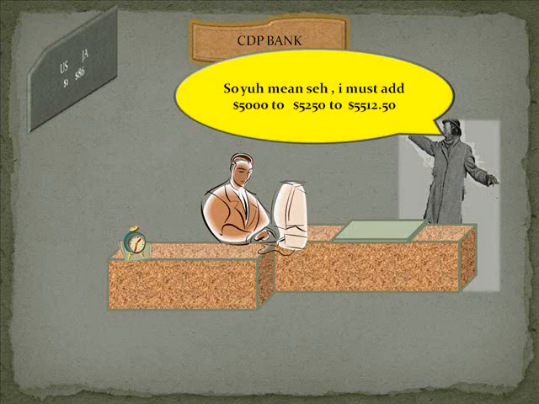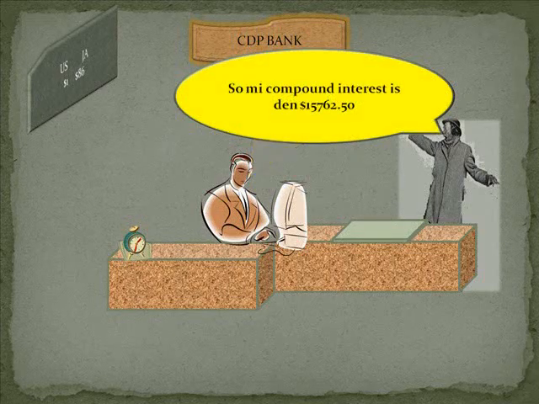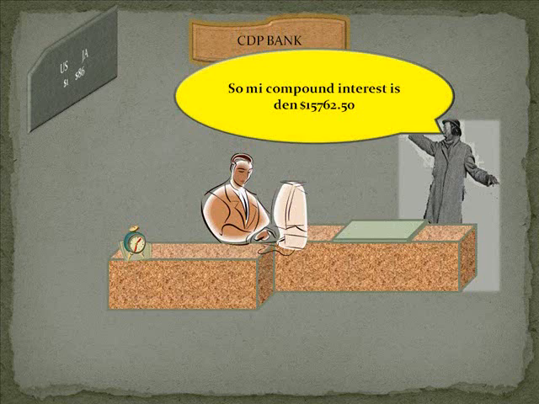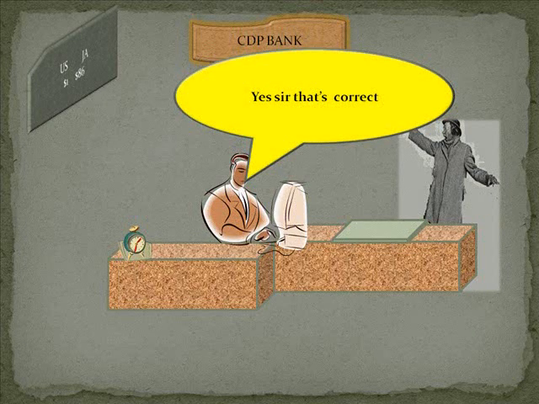So you mean, say, I must add $5,000 to $5,250 to $5,512.50? Yes, sir. Add up everything. So my compound interest is then $15,762.50. Yes, sir. That's correct.